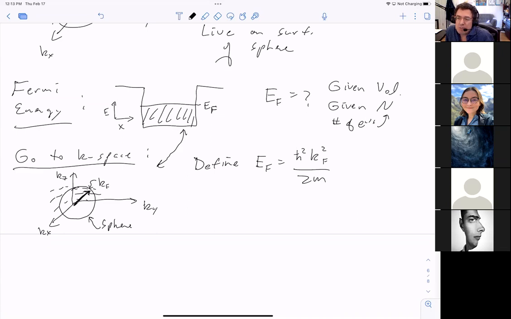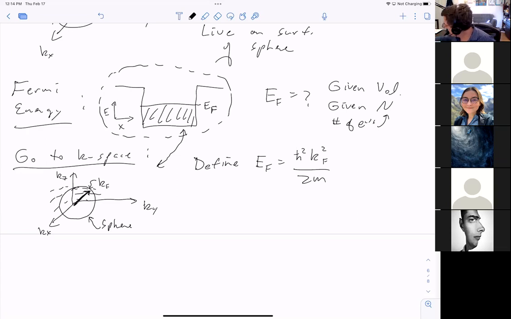Maybe I'll make my question more specific. Consider all the electrons in this thing that I drew, all the electrons in a metal. There they all are. Where are those electrons in K space relative to the sphere that I just drew? They should be at the borders on the shell, so they should all have the Fermi energy.